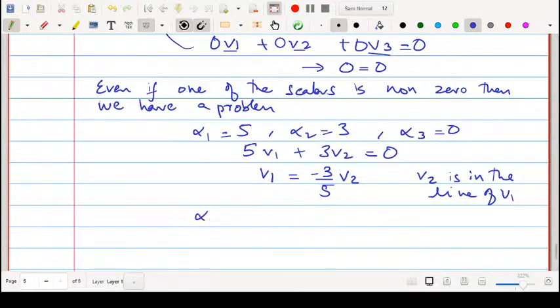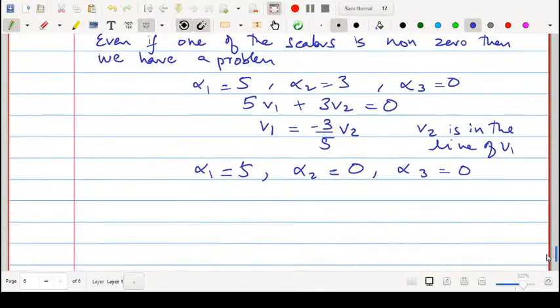Let's say alpha 1 equals 5 and alpha 2 equals 0 and alpha 3 equals 0. If one of them is non-zero, then 5v1 equals 0, and you have a special case. Then you actually have the case where one of the vectors is the 0 vector.